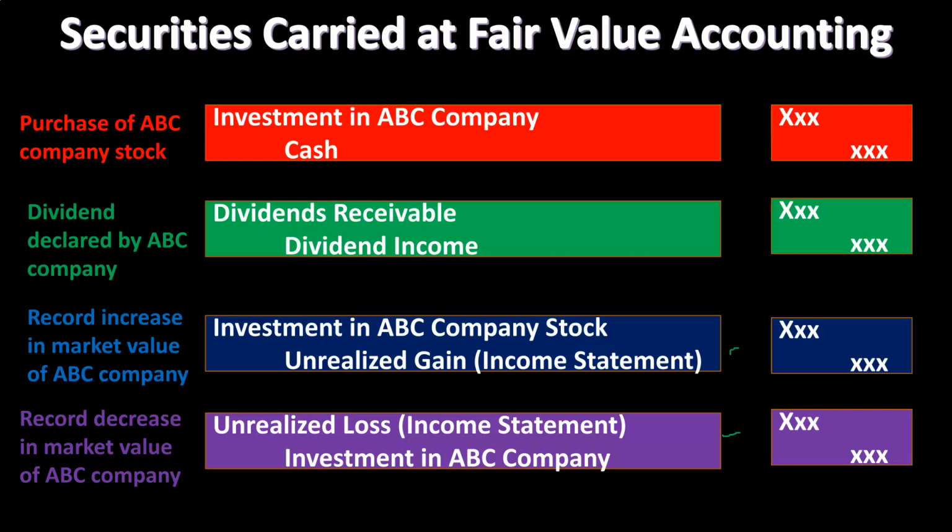And since we have significant influence, at that point we should be recognizing the income, not waiting till it comes in the form of a dividend, but rather when they actually earn it. So when they report their income statement, whether or not they issue a dividend, if we have significant influence, we should be reporting our share of their income in some way. And that's going to be one of the major differentiation factors between this method and the equity method.